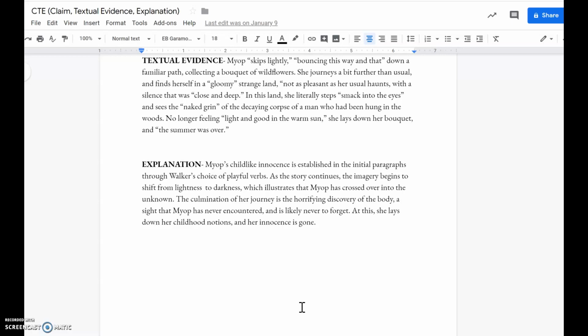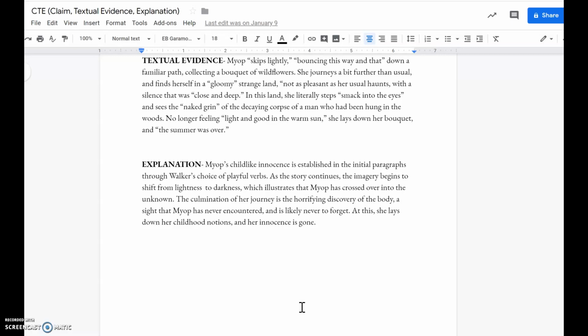Okay? So pay careful attention to what I just did with this, because I'm going to ask you to do that throughout the course. So you will be not only using this same kind of formula for the CTE responses that you're going to be responsible for, but this is how you write a paper.